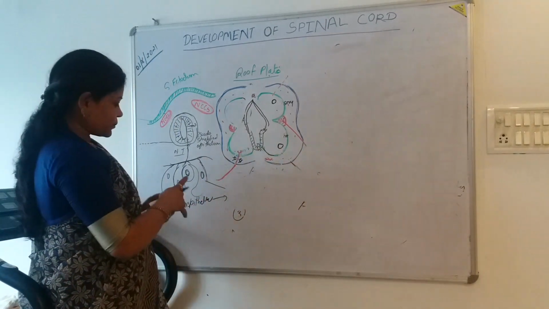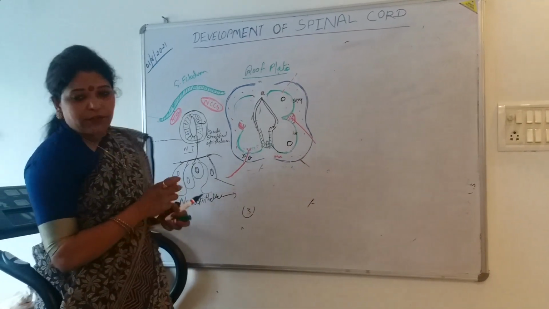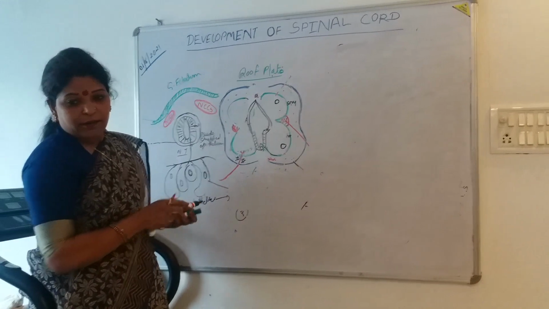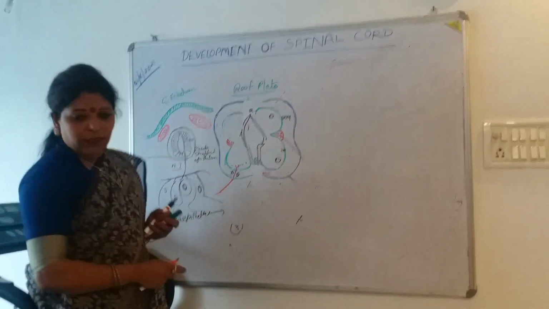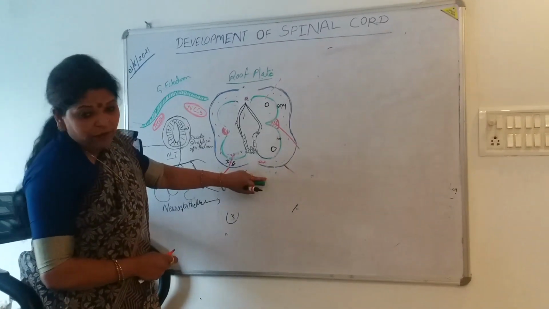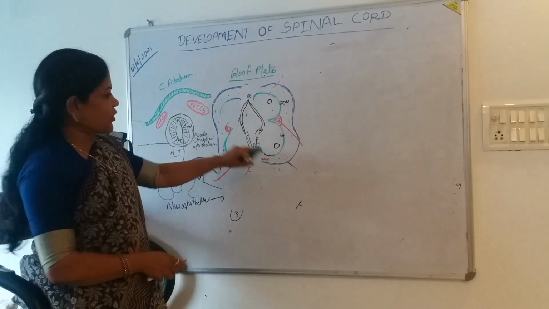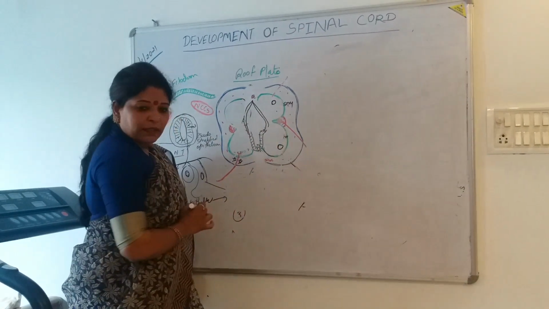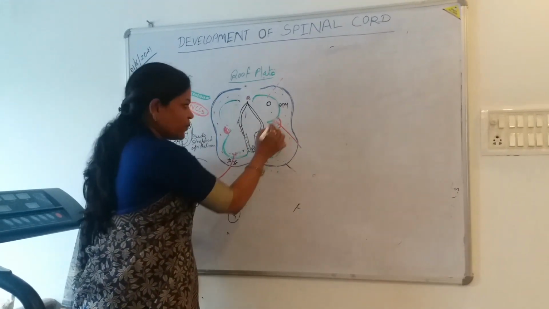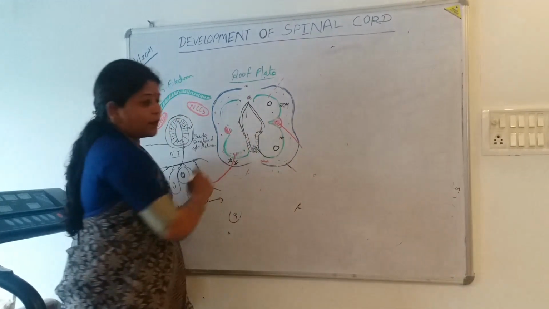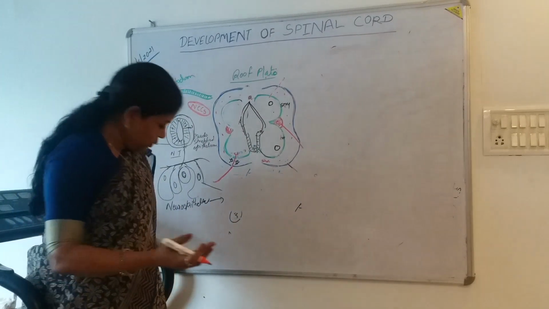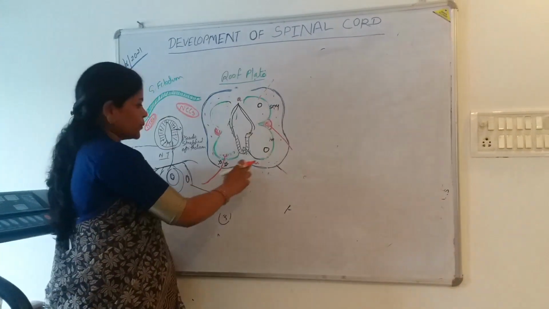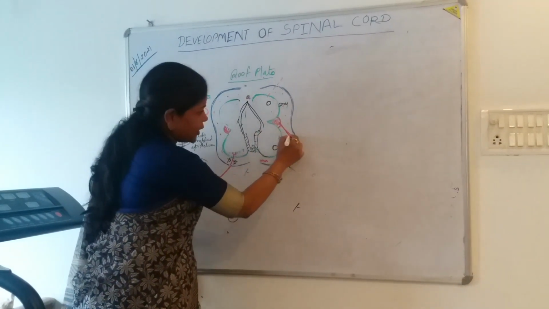Look here. The other structures which are adjacent to the developing spinal cord, what are those structures? Suppose one of them, this intermediate horn, is concerned with the sympathetic outflow. Okay. So it is containing what?